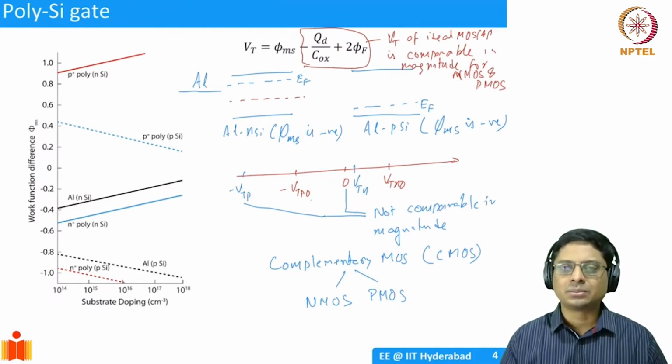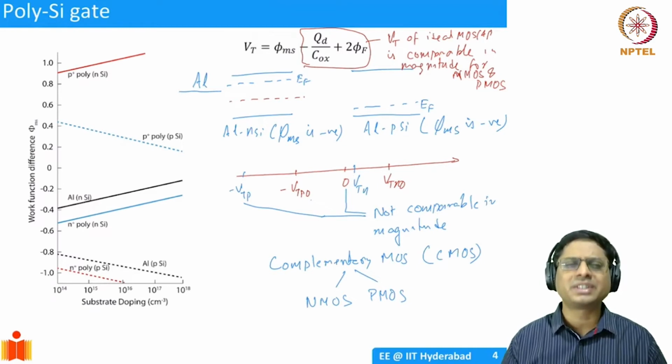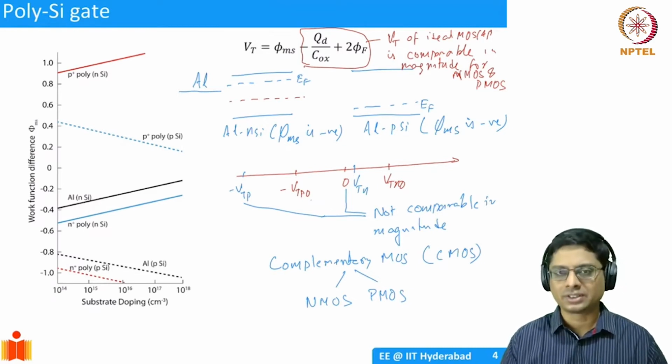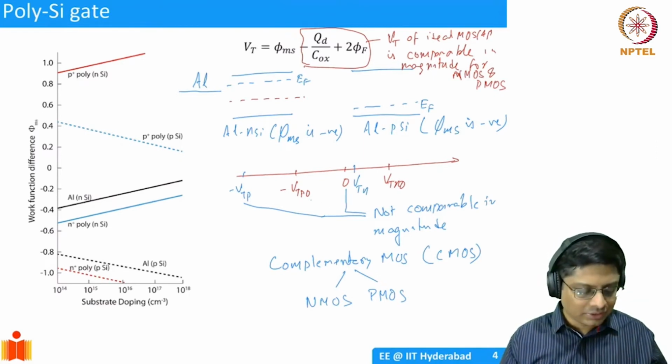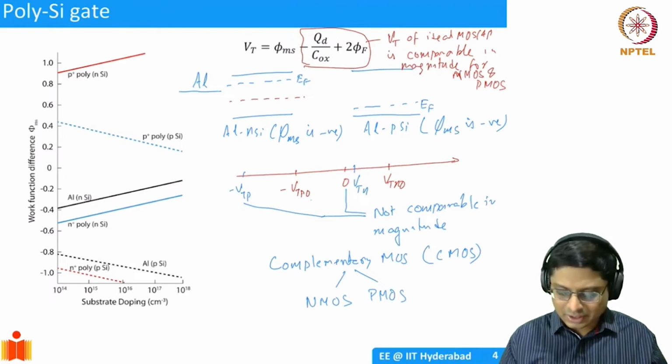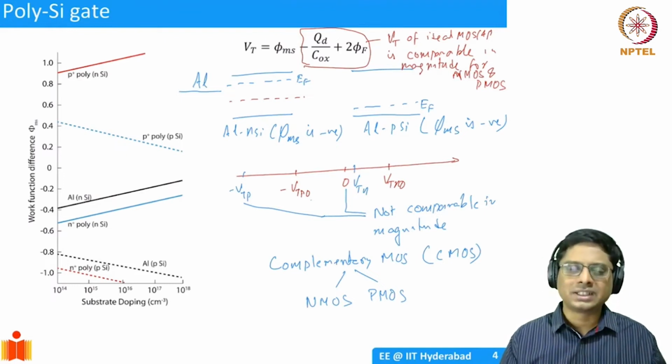And we like both of them to be complementary devices. That means the drive current, the threshold voltage, everything is symmetric. It is easier for us to design circuits when they're complementary. And there are also some very nice, interesting circuit implications for this. So we like this to be complementary. But if you just have a pure metal, it's not so.